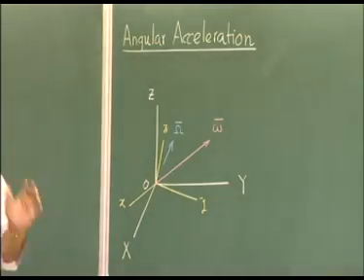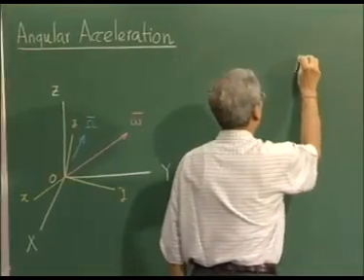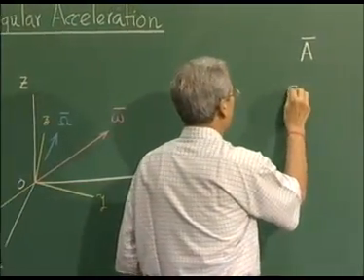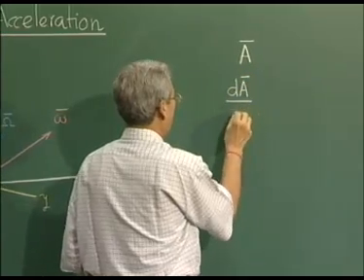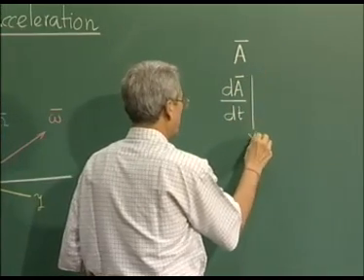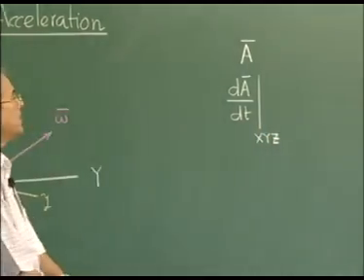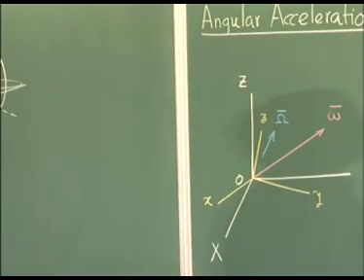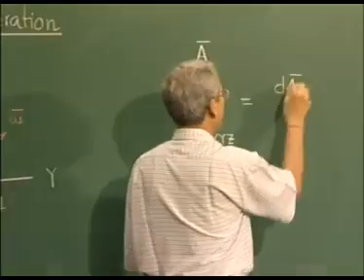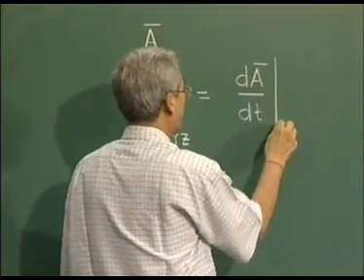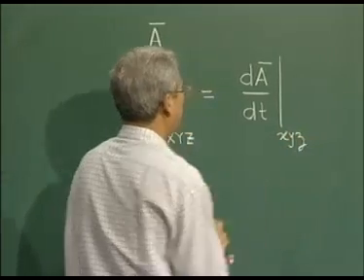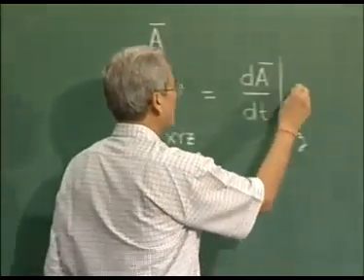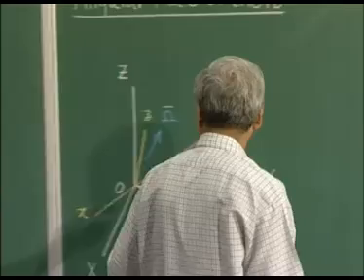Now if there is any vector A, its rate of change as observed by an observer in the fixed frame of reference, dA/dt in capital X, Y, Z, can be represented as the rate of change of the same vector as observed by an observer in small x, y, z plus the effect due to the rotation of the small x, y, z frame.